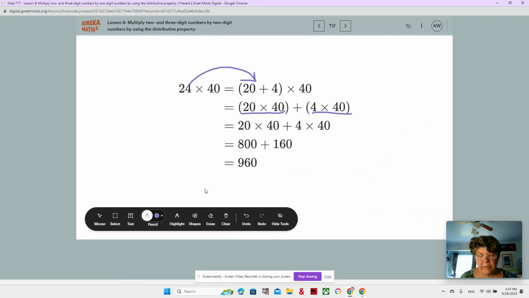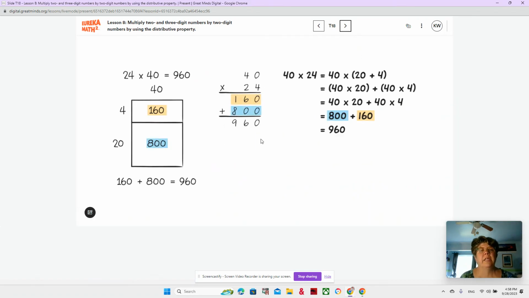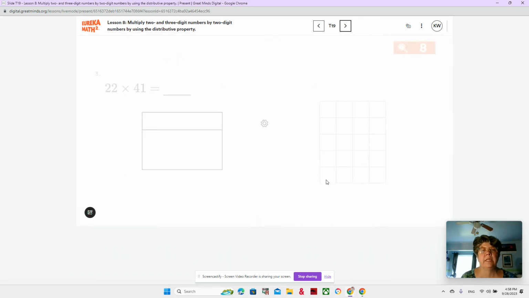All right, very similar to what we did in that area model, right? 20 times 40 is 800. 4 times 40 is 160. It's almost like an area model without drawing the area model. You see that? Okay, let's try this one. Here's our area model, right? And here's our break apart and distribute. All right, just so you can see what they look like.